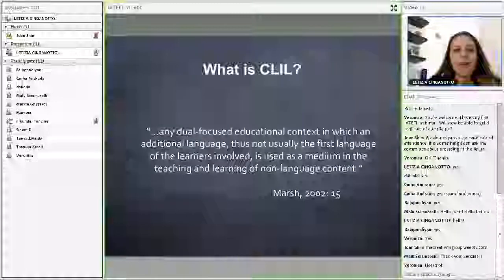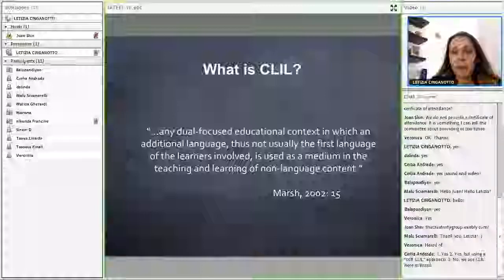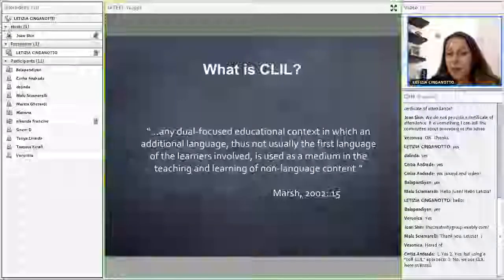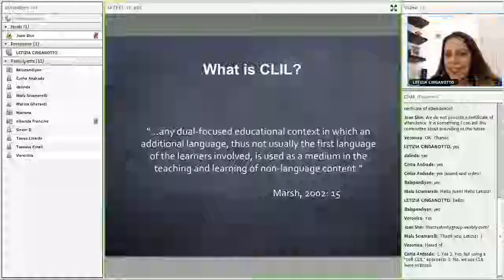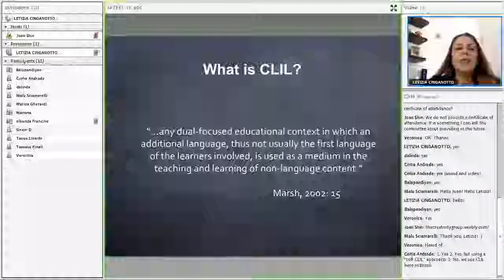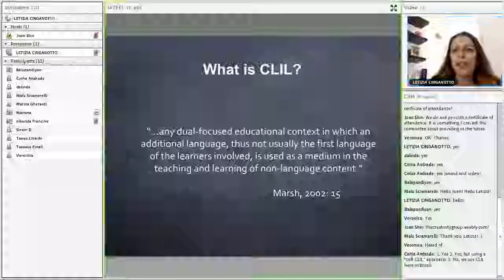Okay. So this is the definition that comes from the inventor of the CLIL acronym. We have an experience from Brazil. Cinzia, thank you very much. Using a soft CLIL approach. We use CLIL here in Brazil. So CLIL is a very popular acronym, not only in Italy and in Europe.